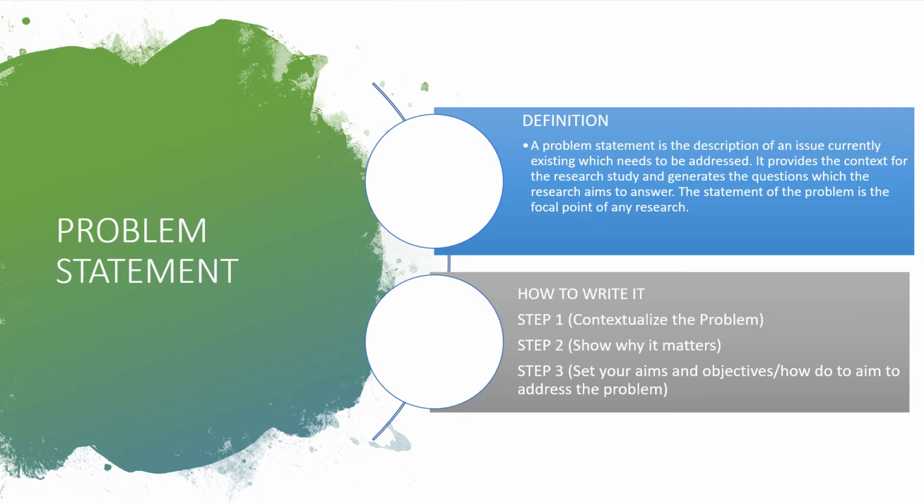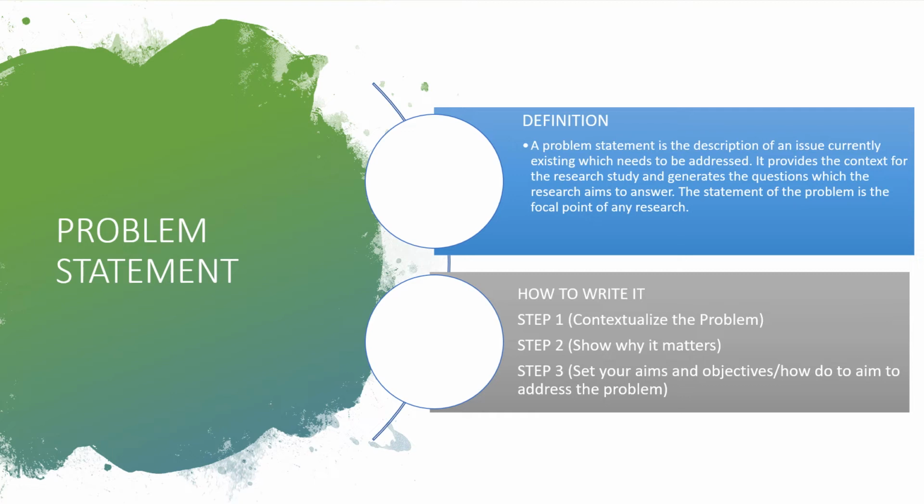Then in step 2, you have to show why it matters. In this case, people are deprived of basic sustenance. People are dying of hunger. That's why it matters. So, you have to state the reasons.